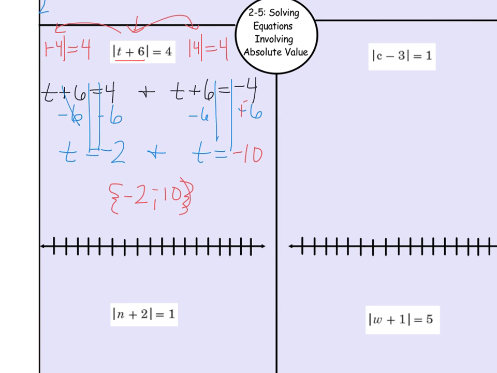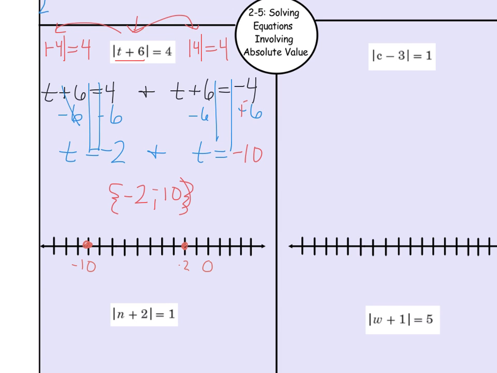For the negative side, negative 10. So graphing this just looks like, I'm going to put my 0 here, negative 2, 3, 4, 5, 6, 7, 8, 9, 10. Just looks like the solution would be here and here. Those are the 2 numbers that work for this solution. So notice we can't use parentheses because then it would look like an ordered pair. We want it to be those brackets so that we can tell it's a solution for this absolute value equation.